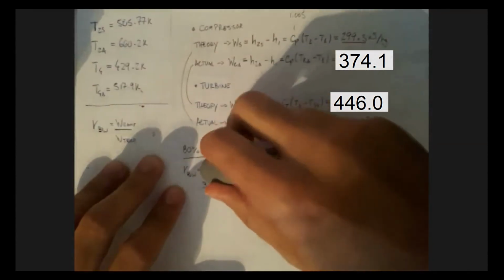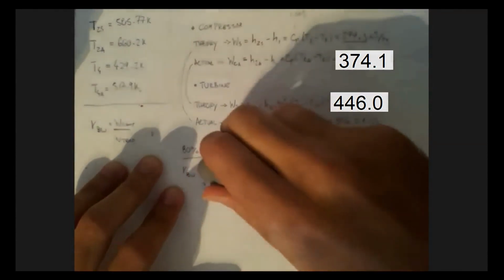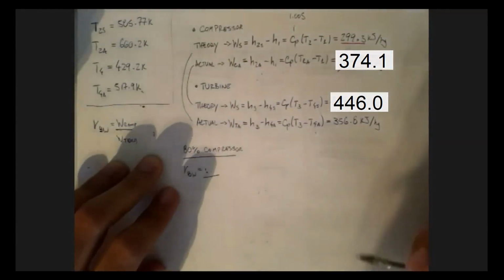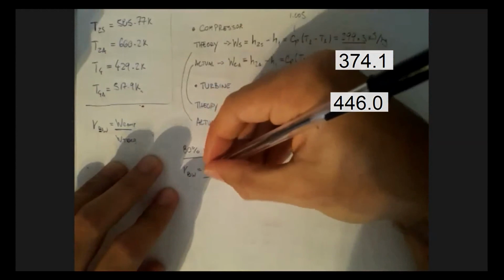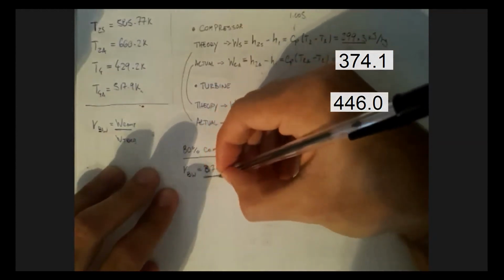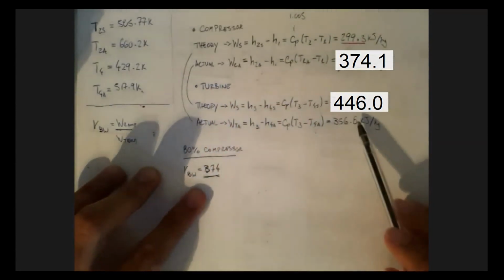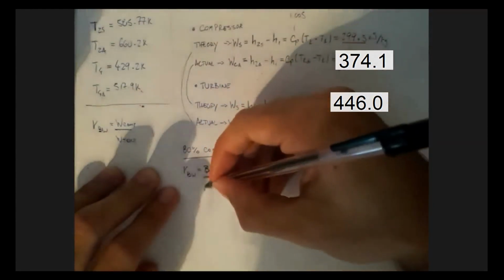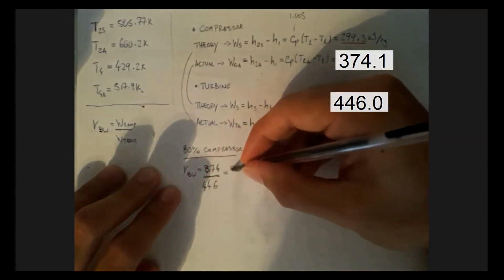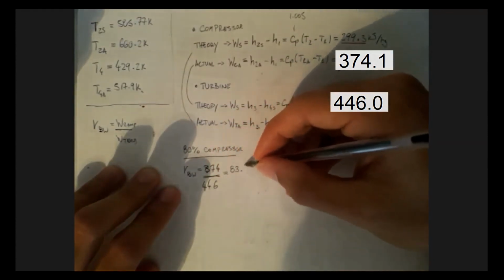Let me make sure I get the right values here. For the compressor, that's going to be 374 divided by my turbine, which is 446, and that will be 83.87%.